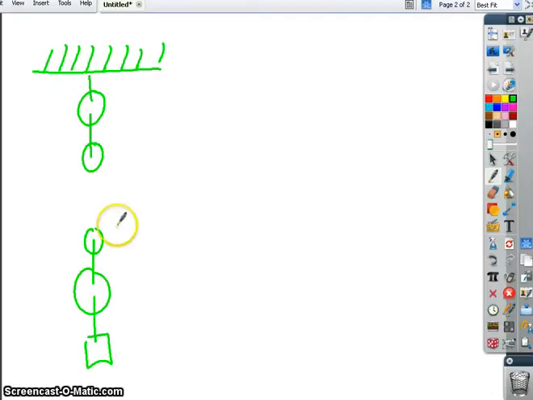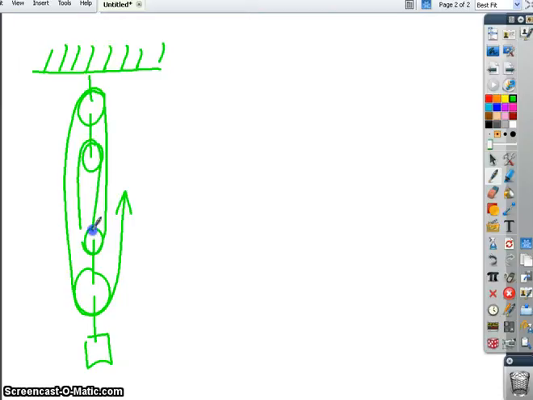So here we go. Wow, a big pulley system here. Just to make the math a little bit, never mind, we'll keep the math the same.